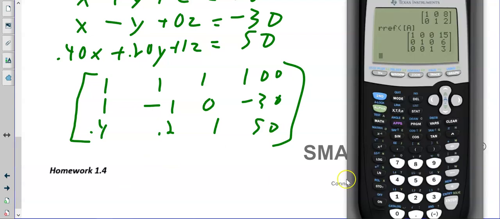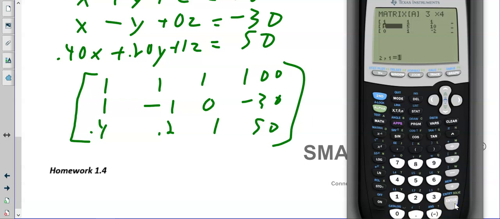So, go into my calculator. Second matrix. Go over to edit. Again, I have a 3x4, so I just hit enter a few times. My 1 is the same, so 1, 1, 1, and I'm going to change this to 100.